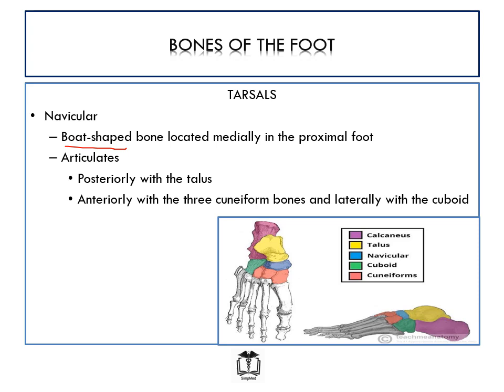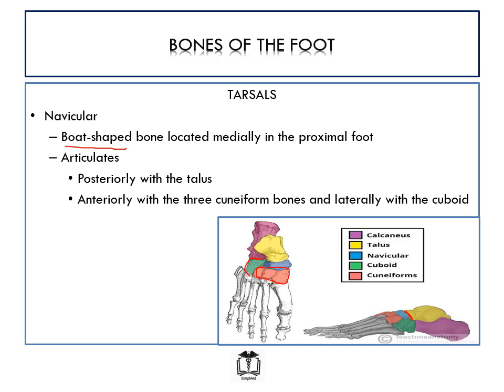So between the talus and the navicular bone in blue, you have that joint. It is found posterior to the 3 cuneiform bones. You can see the 3 cuneiform bones just found in front of the navicular bone, and then it's found lateral to the cuboid bone. So laterally, or lateral to it rather, is the cuboid bone.